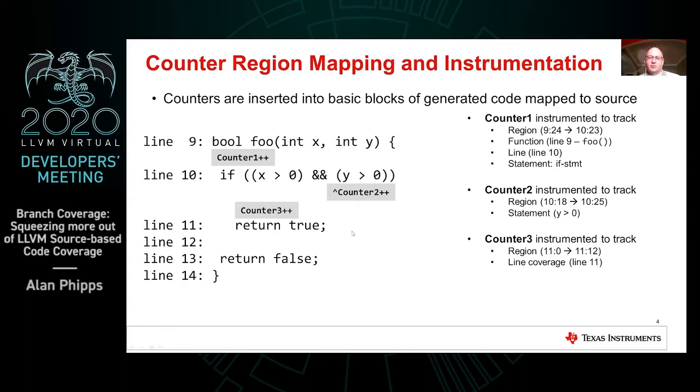If the return true is executed at least once, then counter 3 must be 1. Finally, to map the remainder of the function, Clang can use a counter expression. It can just use the difference between counter 1 and counter 3 to tell how many times lines 12 through 14 were executed. So it doesn't actually have to instrument a new counter here. It can just use a counter expression.